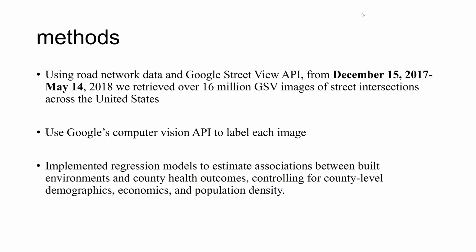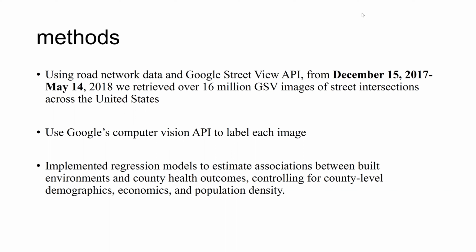And we were able to get some NIH cloud credits to use Google's computer vision API to label each image for built environment characteristics. So Google has an API that will automatically label images. So it doesn't need to be Google Street View images. It could be any images.